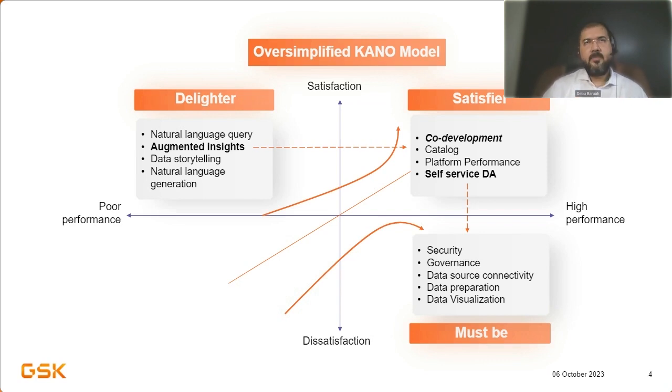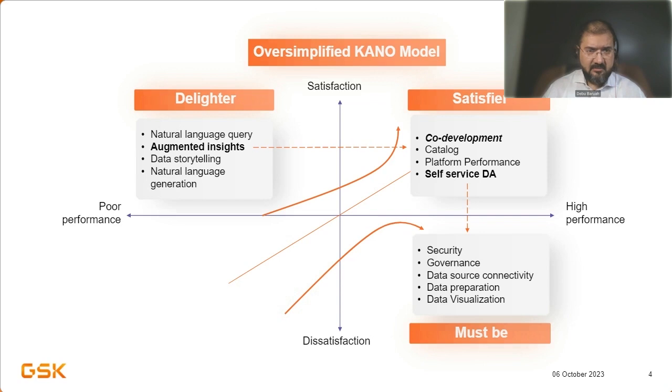Augmented insights. Well, this is very important for me. This is exactly where we use algorithms and automate those insights for our end users to make their life a bit easier and save a lot of time.